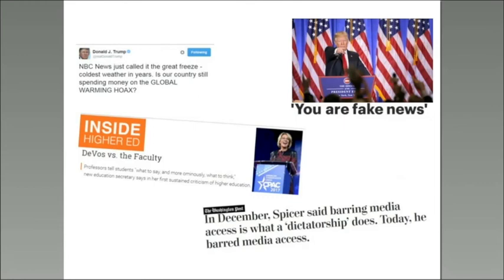And the extent to which, after the president declared parts of the press enemies of the American people, the faculty were included in that sentiment can be seen by what Education Secretary Betsy DeVos said very recently about the faculty, when she was speaking to students: that the faculty, from adjunct professors to deans, tell you what to do, what to say, and more ominously, what to think.